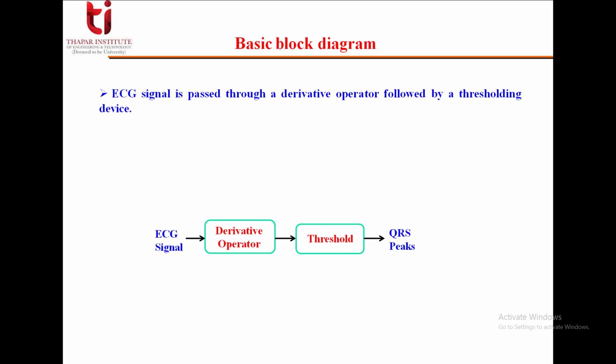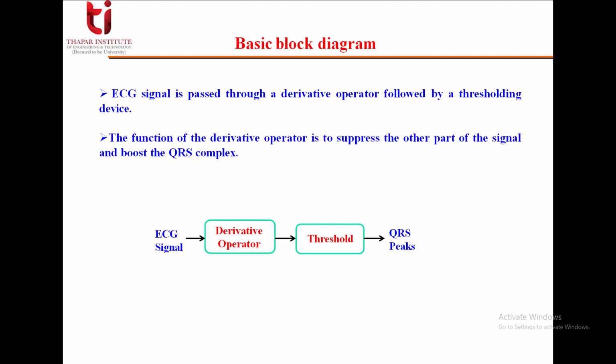So this is a simple block diagram which shows an application of the derivative based approach to obtain the QRS peaks. In this, the ECG signal is passed through a derivative operator followed by a thresholding device. The function of the derivative operator is to suppress the other parts of the signal and boost the QRS complexes.